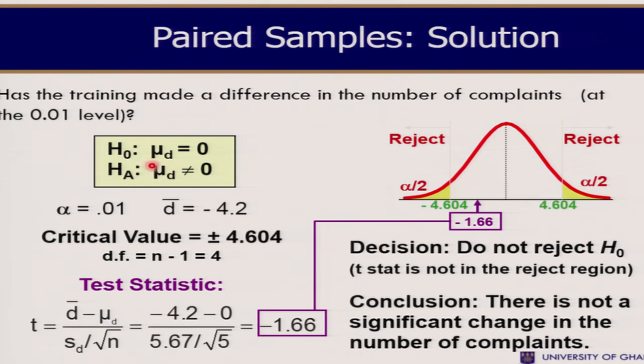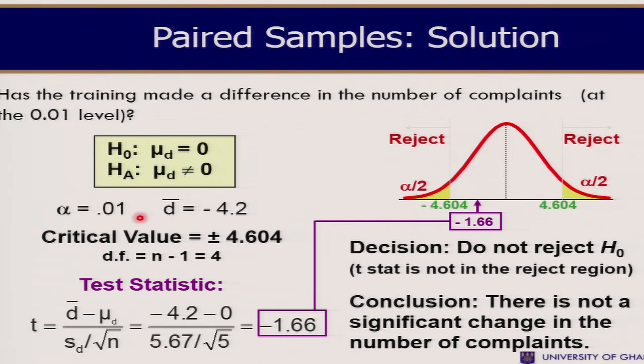This is against the null hypothesis that μD is equal to 0. If μD is equal to 0, then we will say that the training has not made any difference. But if μD is not equal to 0, then indeed our training has made some difference.